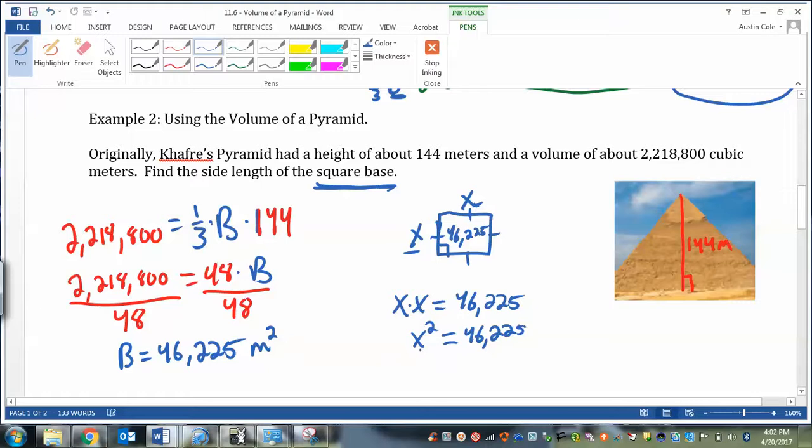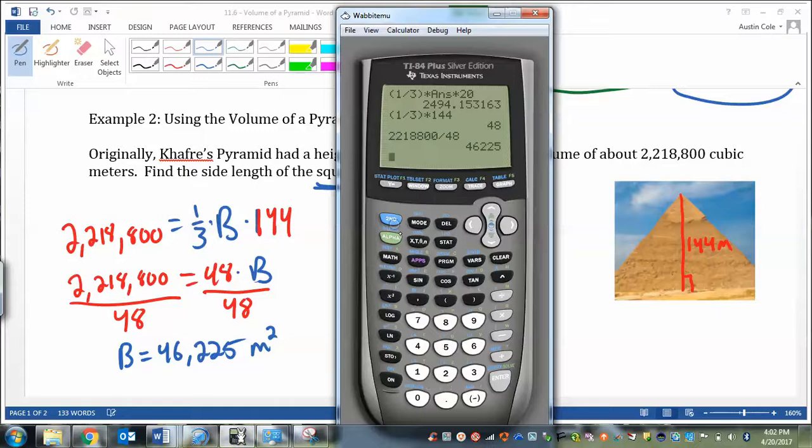Okay, if you want to solve a square like that, you square root. If we square root x squared, we get x. If we square root 46,225, that is 215.